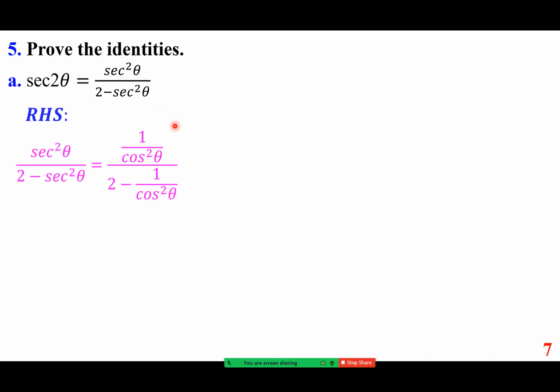Let's multiply the top and the bottom by cosine squared theta. When you multiply the top, it just becomes 1. When you multiply the bottom, this 2 gives us 2 cosine squared theta, and for this, the denominator goes away, minus 1.